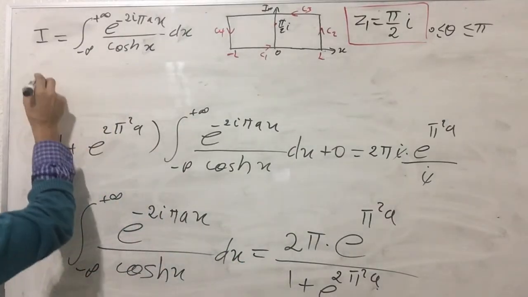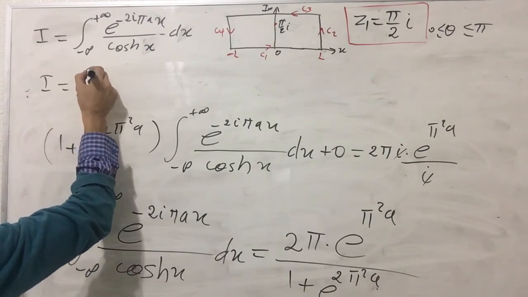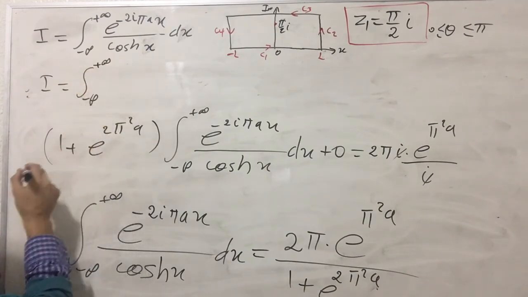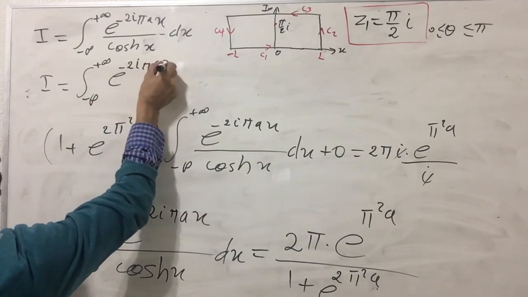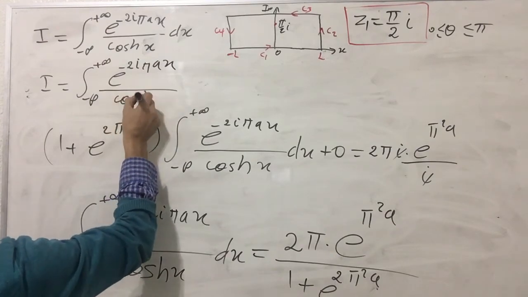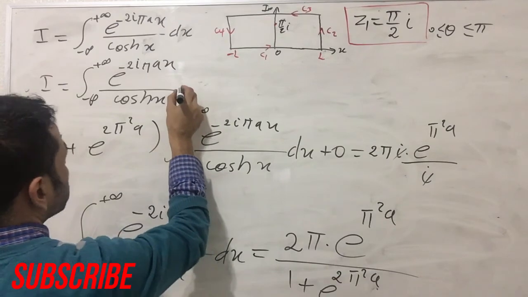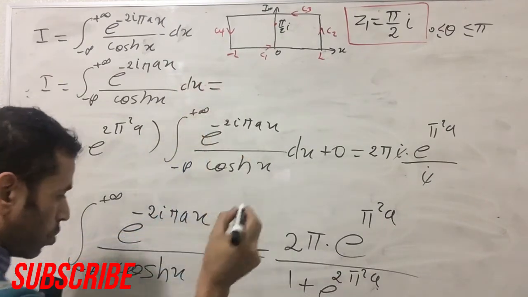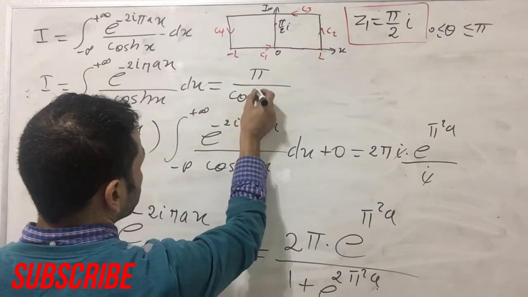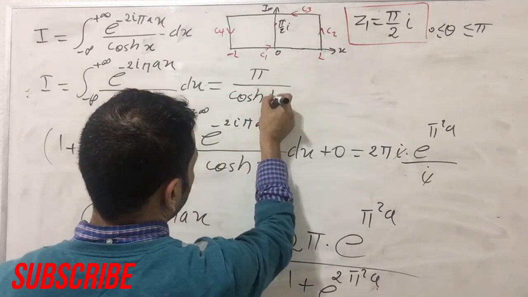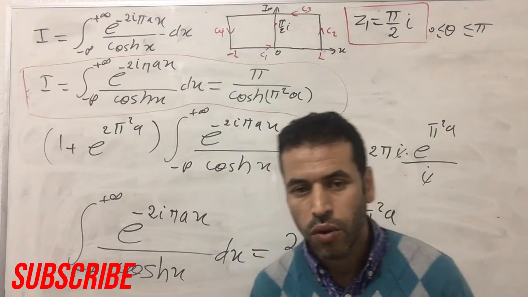Now our integral from minus infinity to plus infinity of e to the minus 2i pi a x over cosine hyperbolic function x dx equals pi over cosine hyperbolic function of pi squared a. So this is the value of this integral. Now I am done with this problem.